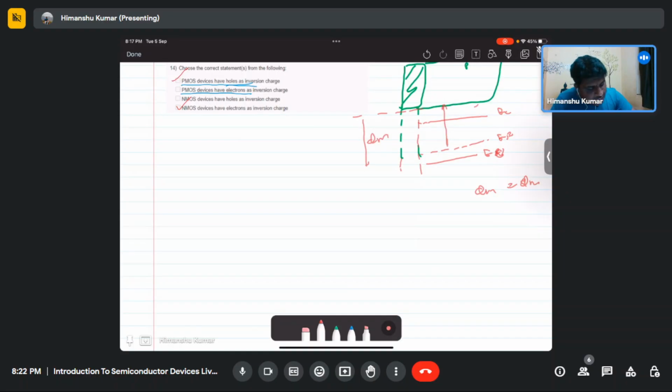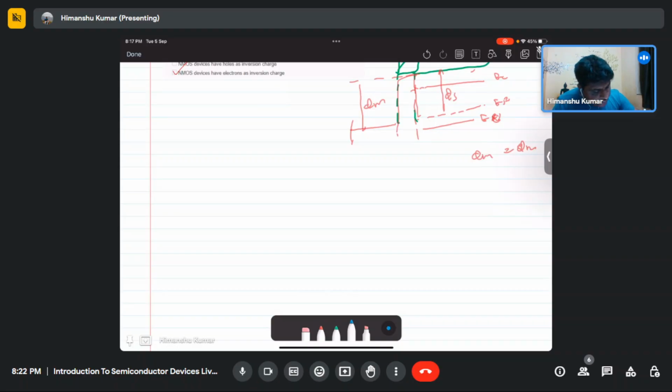We have the metal work function, then this is the semiconductor work function. It will look like this. Now if we apply the positive bias, then this band will bend down. Similarly, this will also bend down, and the band diagram will look like this.